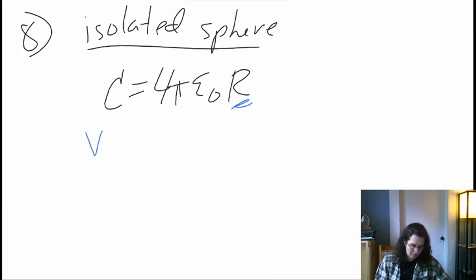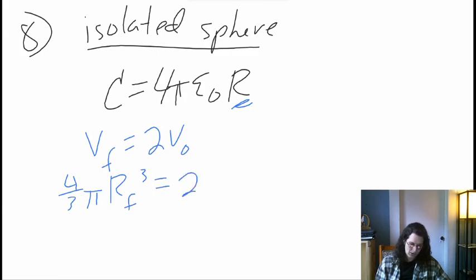So the volume final is equal to 2 times the volume initial. And my final volume then is 4/3 pi r final cubed. And this will be equal to twice 4/3 pi r initial cubed.